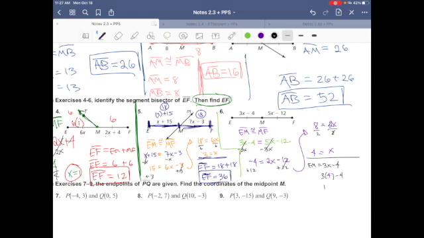So 3 times 4 is 12, minus 4 is 8. So EM, the distance from E to M, is going to be 8. And if this is 8, then MF is 8, which means EF, our final answer, would be equal to 16, right? 8 plus 8 is 16.